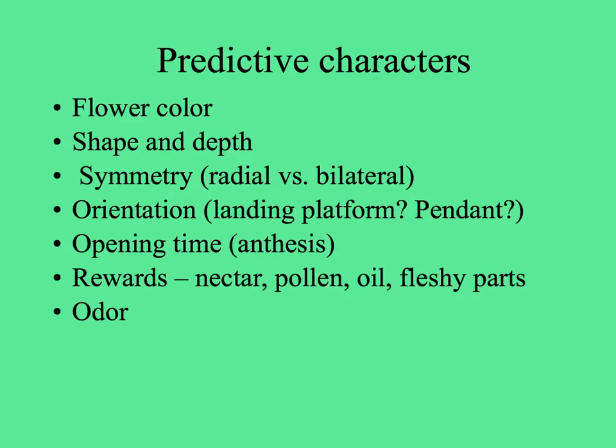Is it sticking up in the air to provide a landing platform? Is it hanging down, or is it held sideways so that visitors have to hover to take their rewards? What time does it open? Morning, afternoon, evening? And what are the rewards? Something to eat or drink, something to collect to feed the brood, and sometimes odor is also involved in attracting visitors.